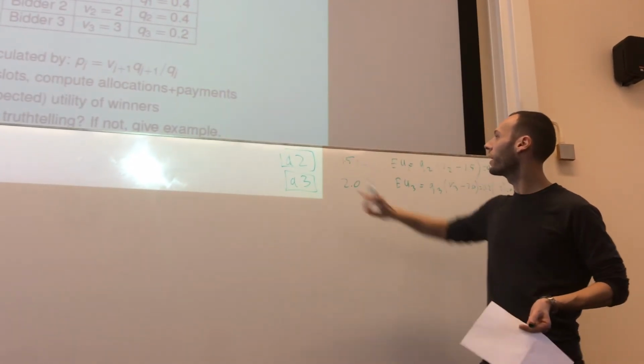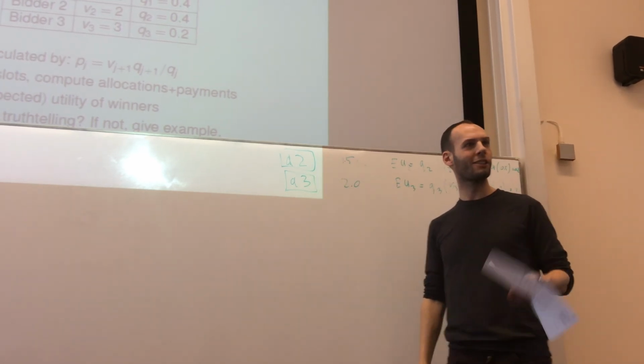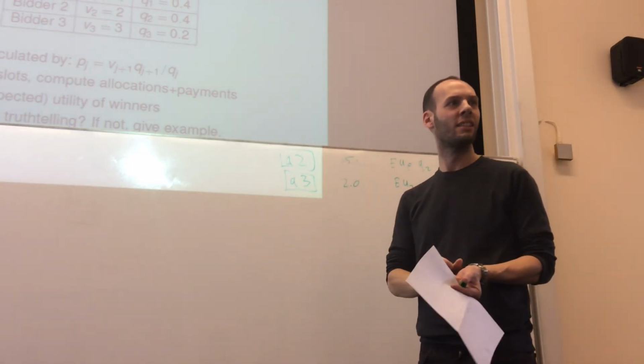If agent 2 would get the second slot, what would be his payment? Maybe Felix? I think he has a utility of 0.4.